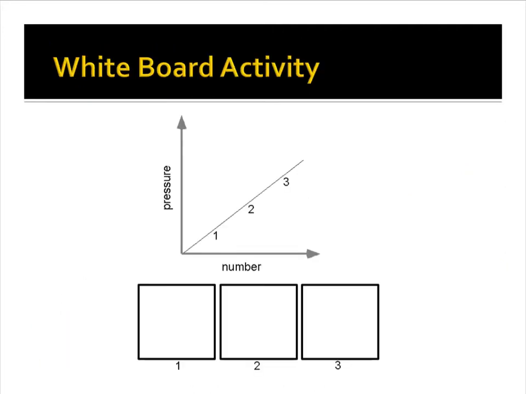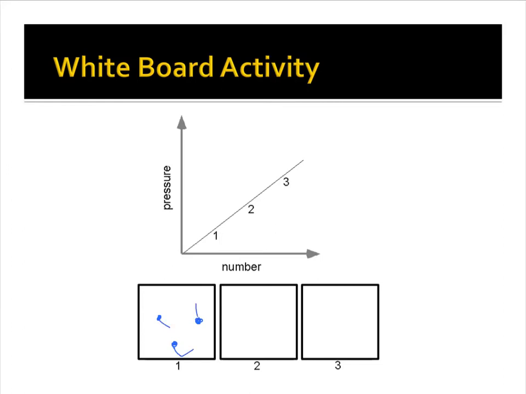Alright, so on this whiteboard activity, what I would like to do and what I'm going to work through is the particle diagrams at each of these phases in our graph. So here at the beginning we have very few particles, and they're moving at a normal pace.